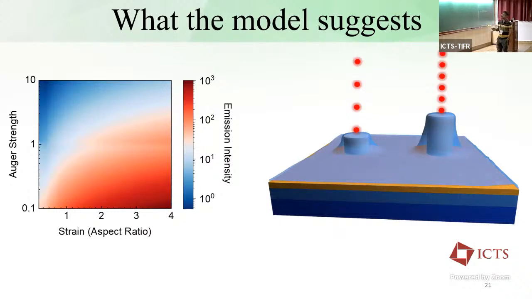What we do is that we just increase the height of the pillar. If you increase the height of the pillar, then you are basically increasing strain. So that's one thing we do. What we are proposing is that if you increase the height of the pillar, the rate at which your single photons come out is going to be more.